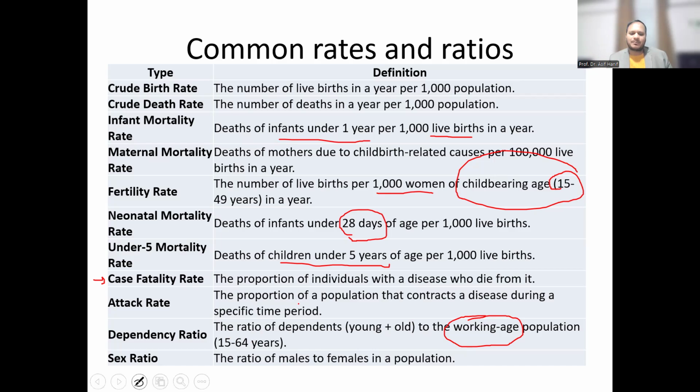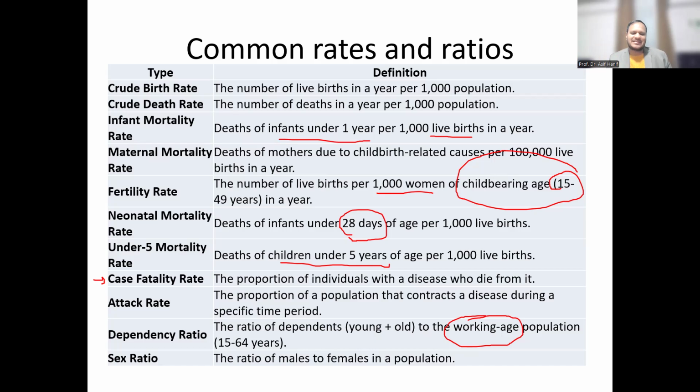Young plus old means all the people who are less than 15 years plus those above 64, to the population of 15 to 64 years. So non-working divided by working. Non-working means they are dependent. Who are dependent? Kids and older people.